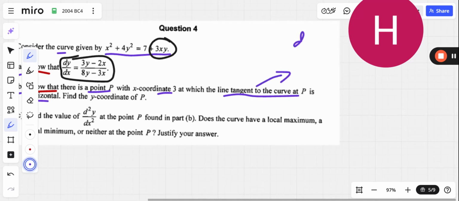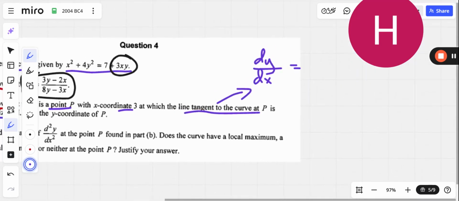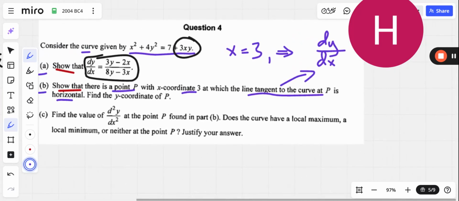The line tangent to the curve has a slope of dy/dx, and if it's horizontal, that slope is equal to 0. So they're basically telling us when x equals 3, then dy/dx equals 0. We need to show that that is true. Find the y-coordinate of point P.